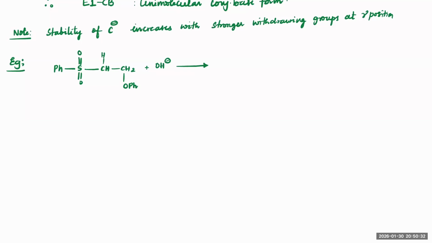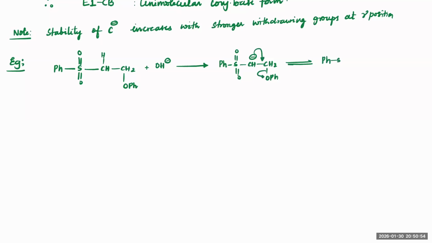One second. Let me rewrite that. So PhS double bond O, double bond O, then CH2. This will become carbanion, CH and CH2OPh. And once you get a carbanion, that will take care of pushing out this group.